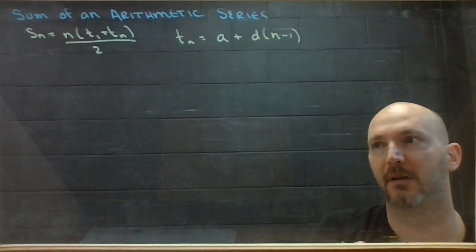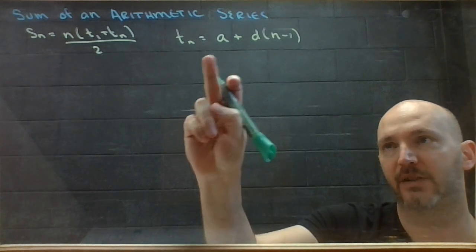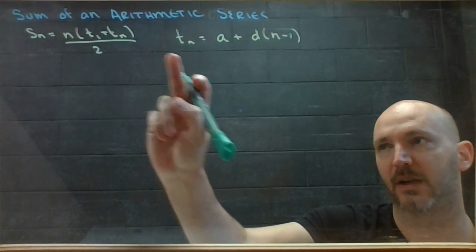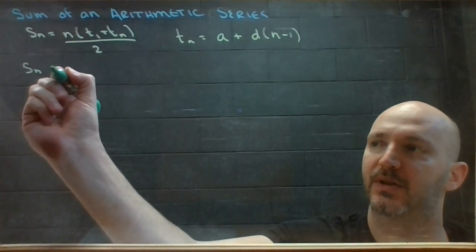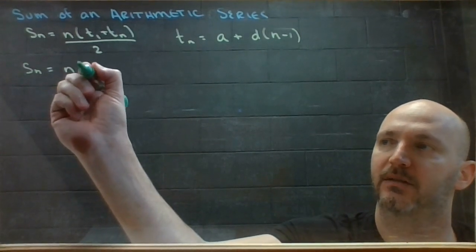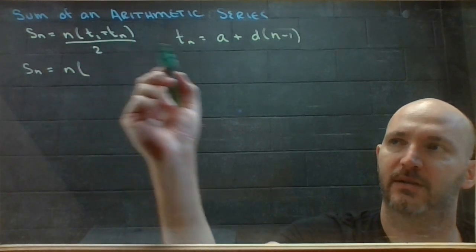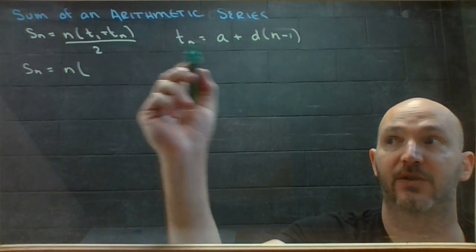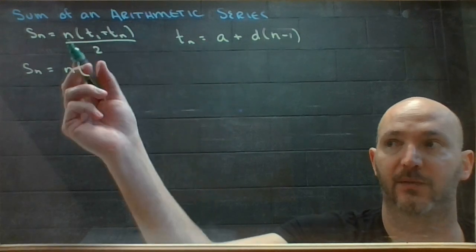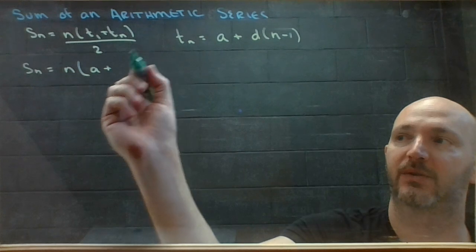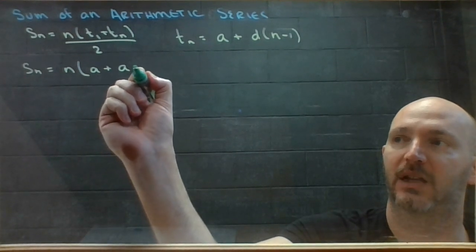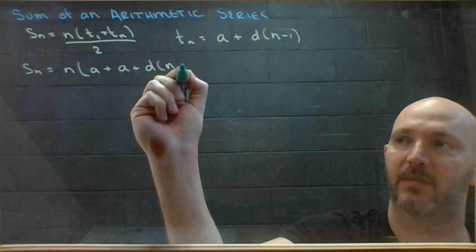Okay. So I would like to take this term and I would like to put it here. So I'm going to make a few changes in my first line. First thing, instead of calling this term 1, I'm going to call it A, so it matches the other formula. And then the general term should be A plus D multiplied by n minus 1.